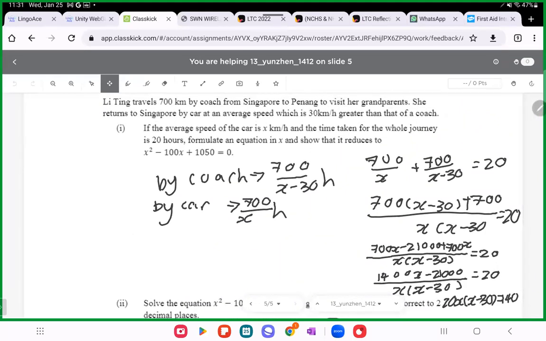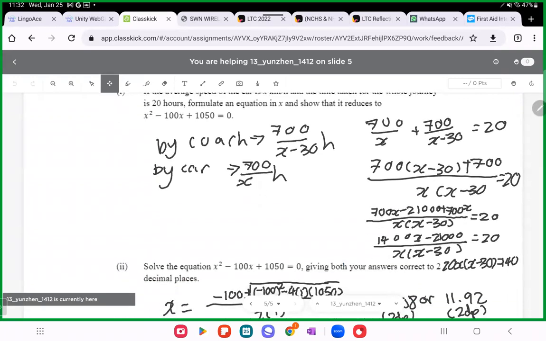Okay, next page. By coach, it will be 700 over x minus 30 hours. By car, it will be 700 over x. Total journey taken is 20 hours. So if you were to combine it correctly, you should be able to get to the equation that they ask you to form.